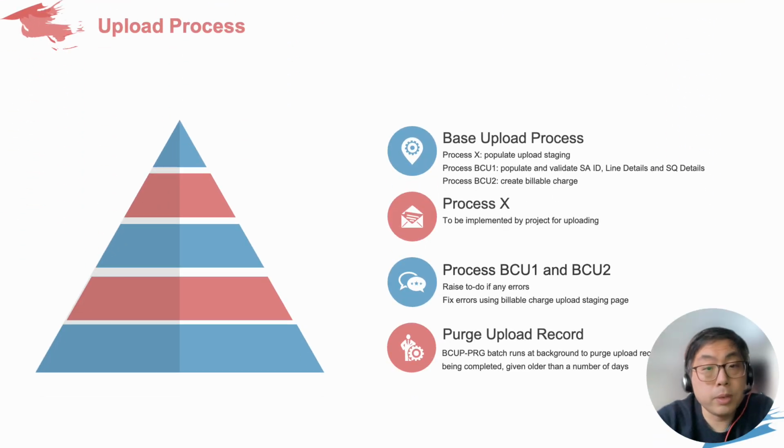The upload process follows 3 stages. I think this is the first time we talk about the upload for any process in CCMB, because in CCMB, if we look at the uploads, normally it's not just one batch job, it has a few batch jobs involved.